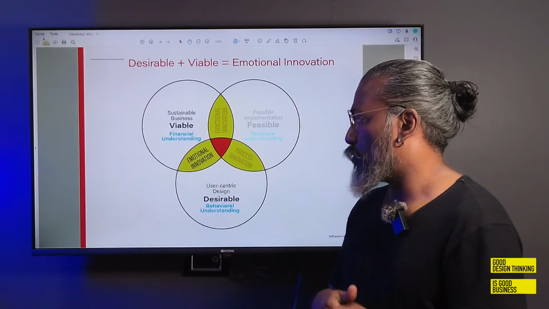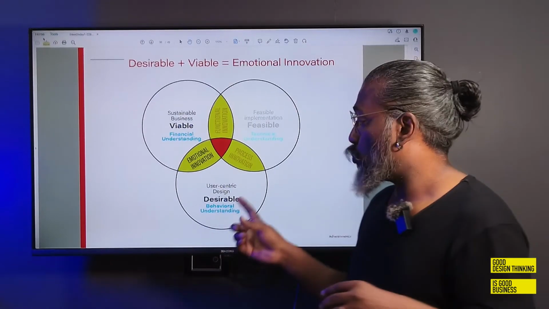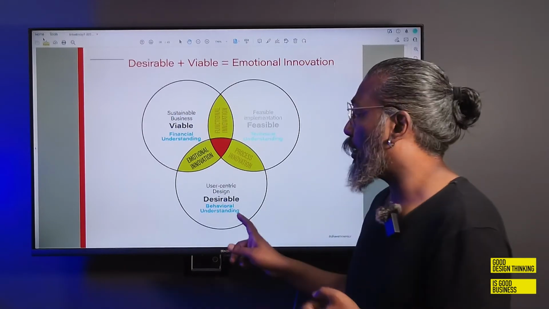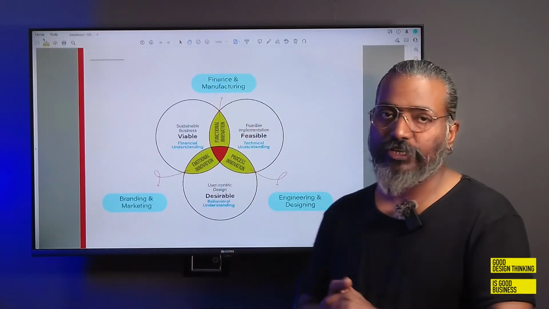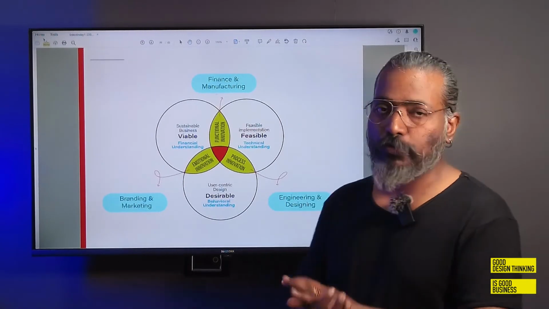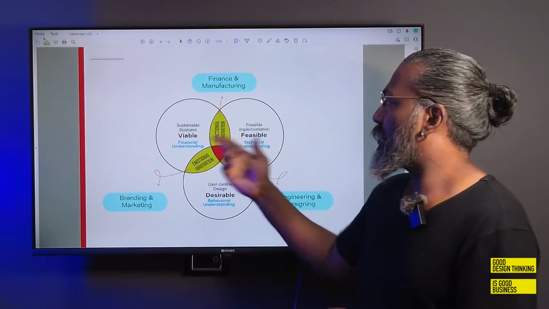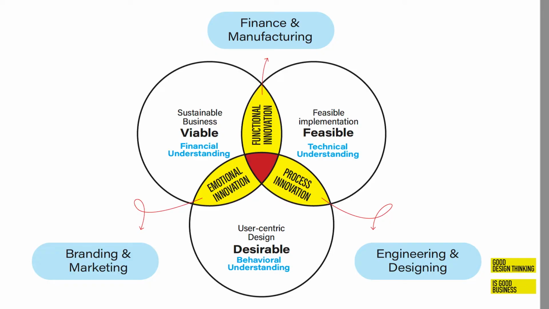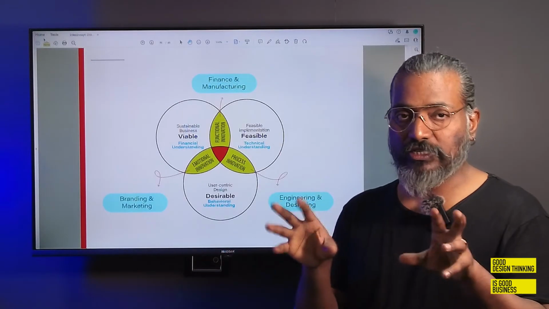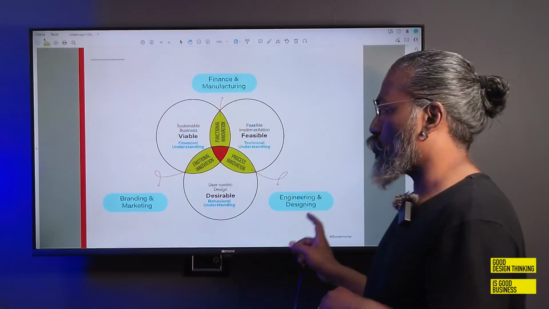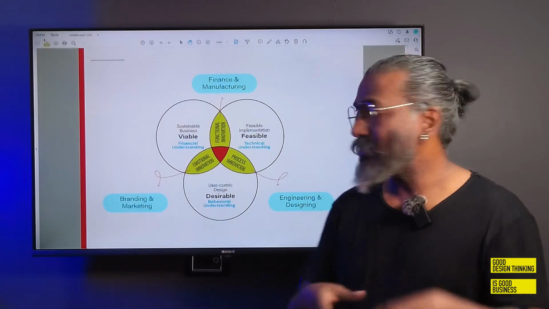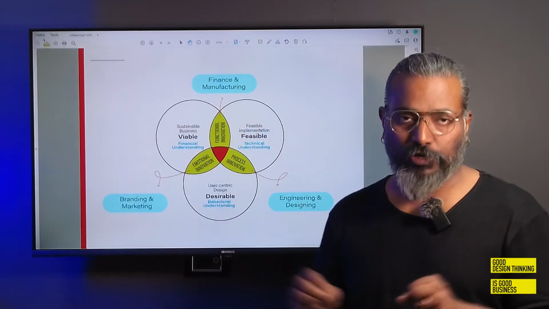And lastly, emotional innovation, wherein you need to understand human psychology, human behavior, their desirability. So these 3 innovations correspond to 3 streams. Financial and manufacturing majorly need functional innovation. In process innovation, engineering and product design play a huge role. Emotional innovation majorly happens in the branding and marketing field.